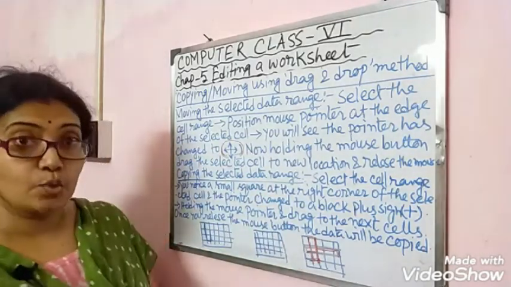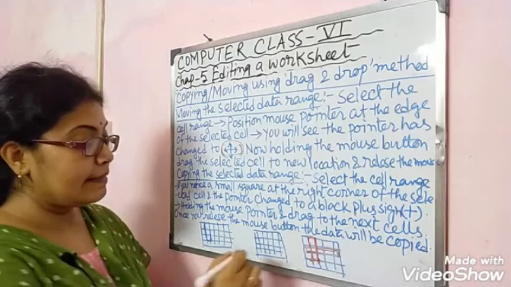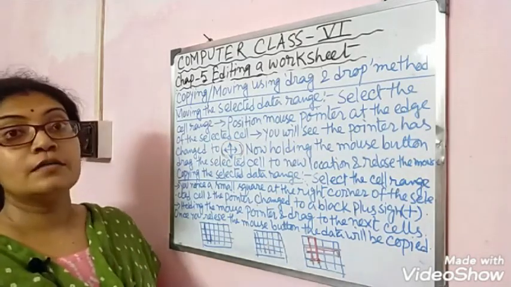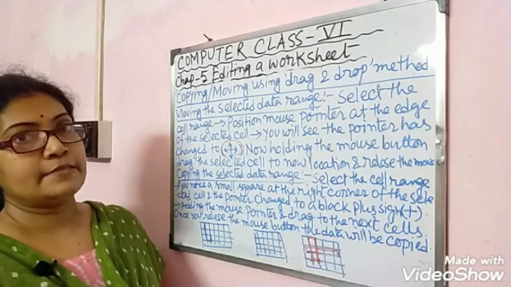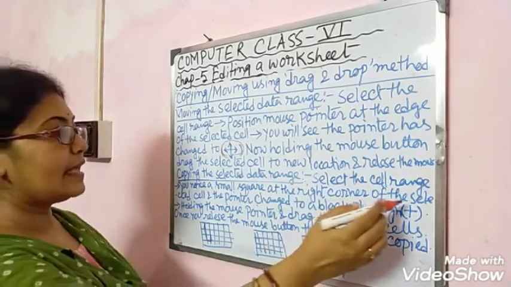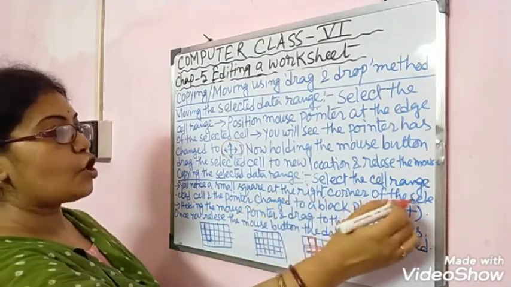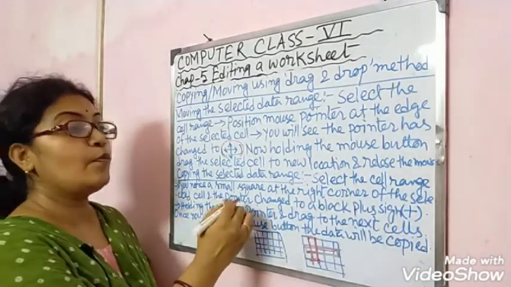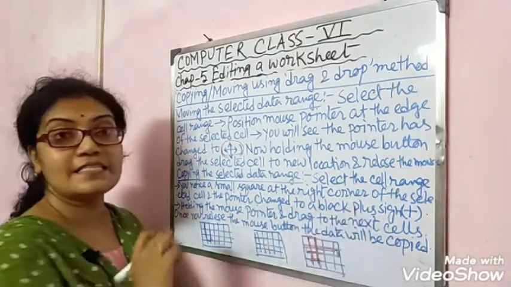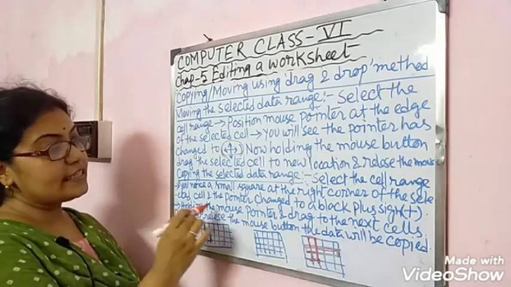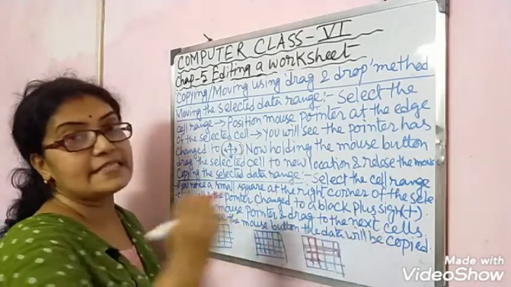After selecting, you will notice a plus sign at the end of the cell or cells. Place the pointer at the right corner of the selected cell, and the pointer changes into a black plus sign. As I told you, hold the mouse pointer and drag.